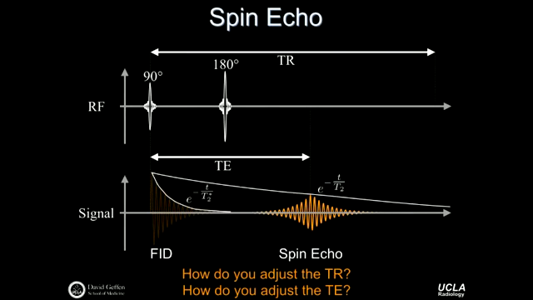In practice, you could ask yourself, how do you adjust the TR? So when you go and sit down on the scanner, we'll see in a second that TR and TE are fundamental to the contrast that we get in the spin echo sequence. When you go sit at the scanner and you'll have this chance on Monday, you can punch in a different TR. You can say, I want the TR to be 5 seconds. But what does that do behind the scenes? Any guesses? What has to change about my sequence?